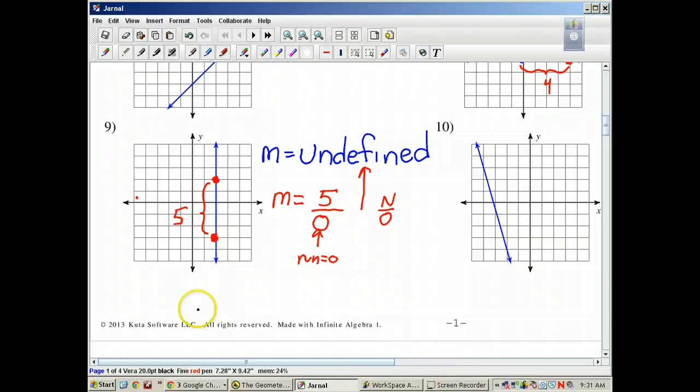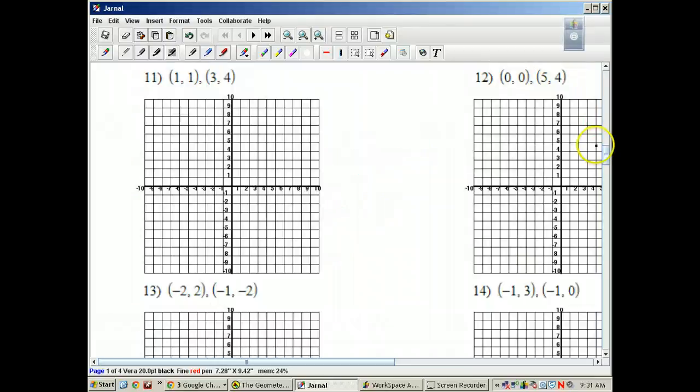First thing, let's talk about the format before we get to anywhere else. Kind of like on the front where everything has to be, when you say slope, you have to do m equals. Same thing on the back, by the way. On here, you're going to find the slope. You need m equals in front of all your slopes. But also, in addition, we're going to plot the points. So here's 1, 1. It's just like the warm-up we did today. 3, 4. Plot 2 points. 1, 2, 3, 4.